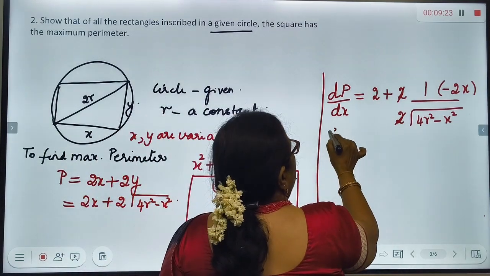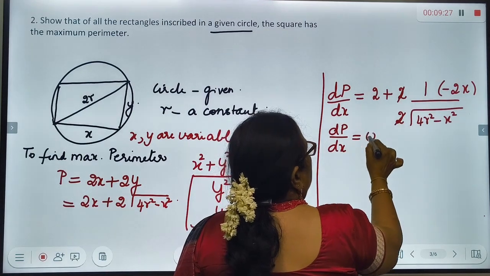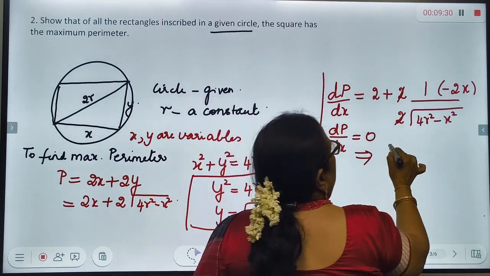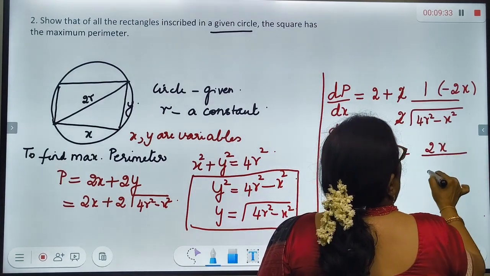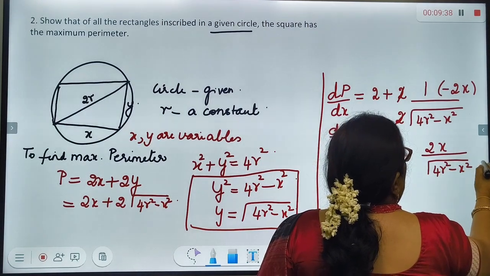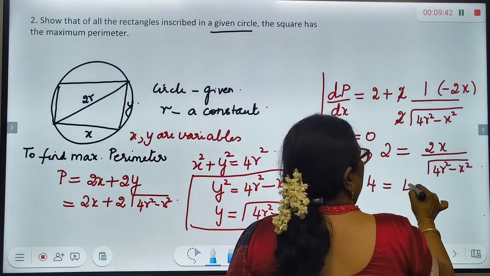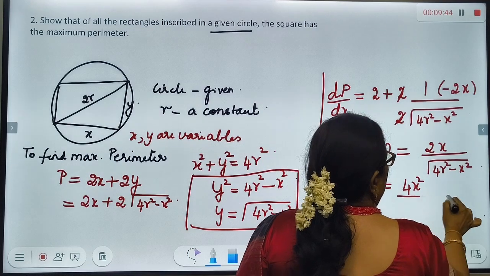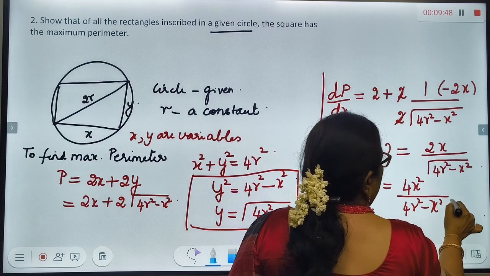Now dP by dx equal to 0 implies 2 equal to 2x by root of 4r square minus x square. Squaring, 4 equal to 4x square by 4r square minus x square.